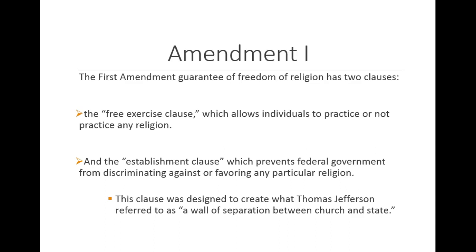The Free Exercise Clause, which allows individuals to practice or not practice any religion. And the Establishment Clause, which prevents the federal government from discriminating against or favoring any religion. This clause was designed to create what Thomas Jefferson referred to as a wall of separation between church and state.